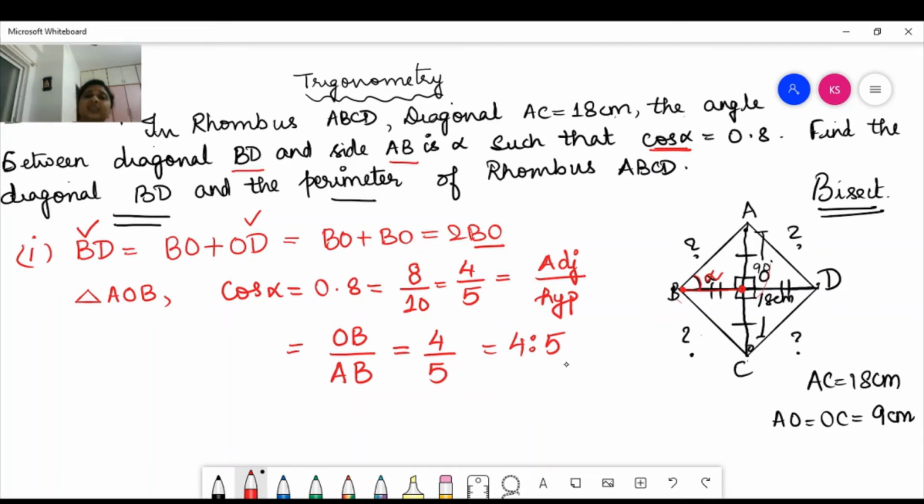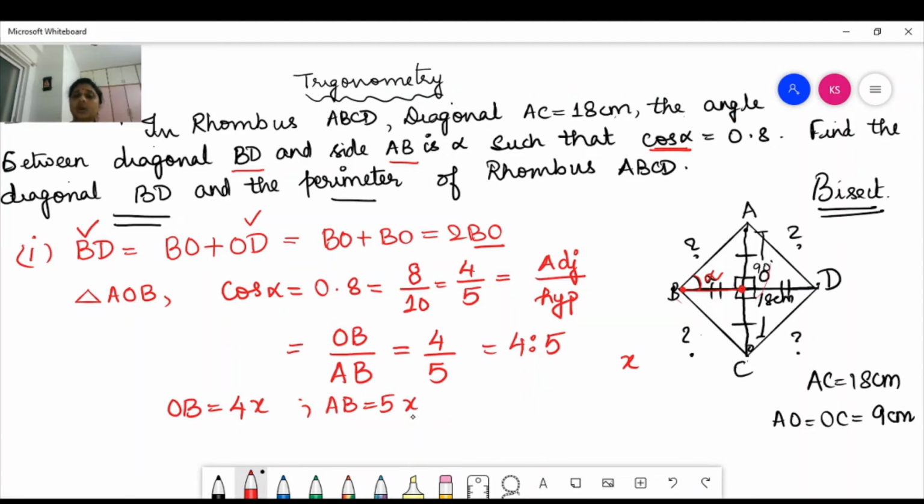So now let us suppose that the size of each part is X. So from this we know that OB is equal to 4 times X and AB is equal to 5 times X. We all know this, right? You dealt with ratio and proportion. So basically it's 4 equal parts and the size of each part we can take as X. So your OB is going to be 4X and AB is going to be 5X.